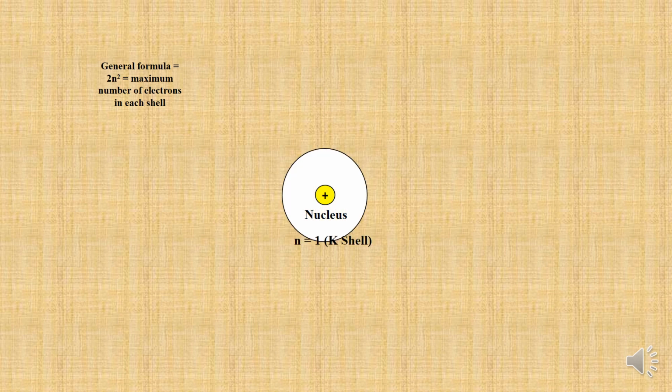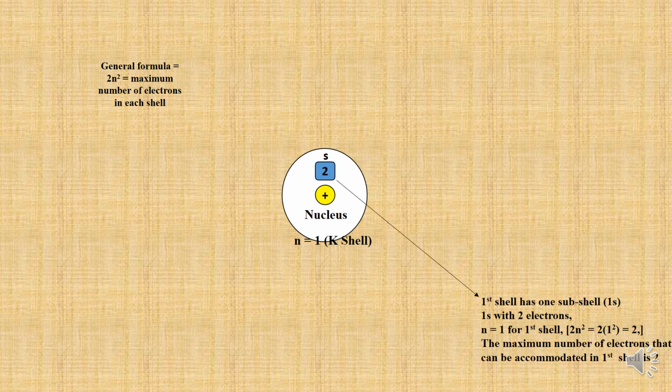The first shell, also known as the K shell, has 2 electrons in the s orbital. The first shell has one subshell, 1s with 2 electrons. n is equal to 1 for the first shell. Therefore, the maximum number of electrons that can be accommodated in the first shell is 2.